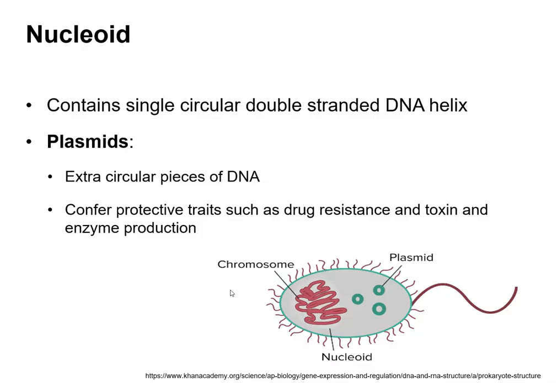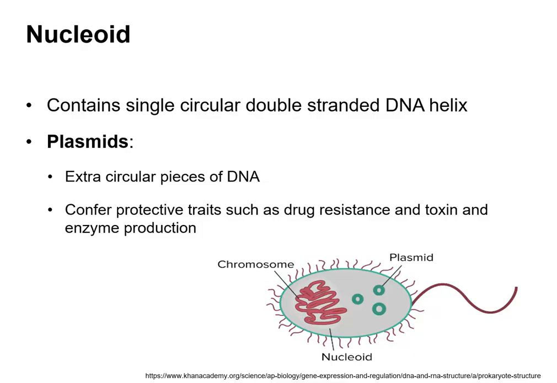Now, the genetic material for prokaryotes is DNA, and the DNA is organized into a single circular strand that's located in an area that's called the nucleoid. So this is just a region. It's not an organelle, right? Because if it was, we would call it a nucleus, and it would be bound by a membrane.